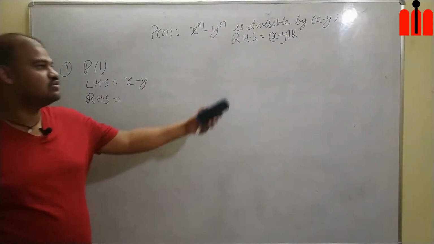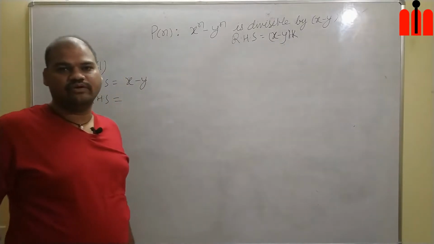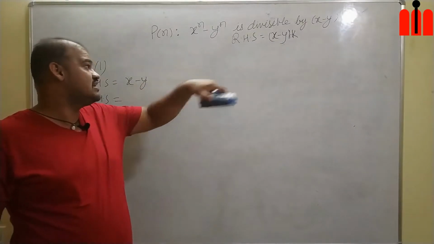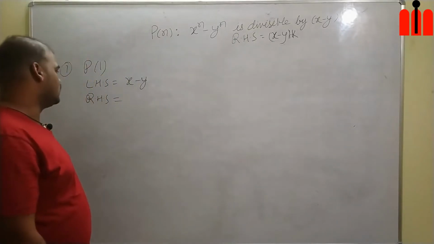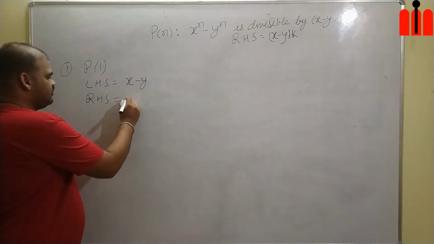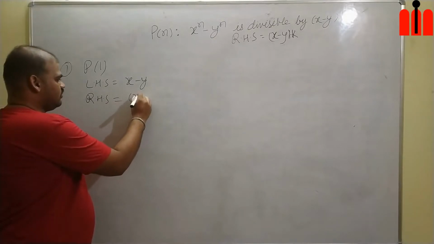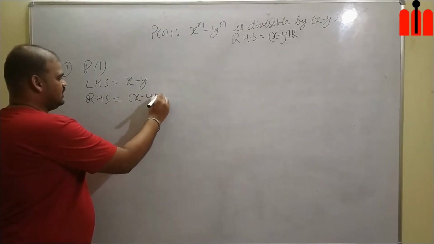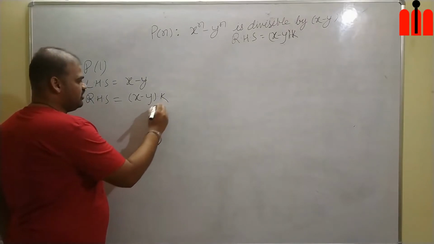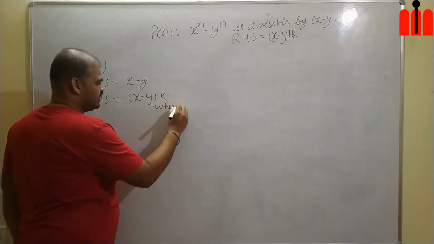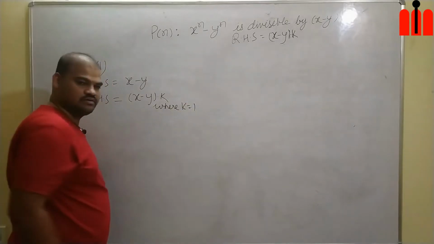So how will my RHS look? It is x minus y into k. Then only we can say that this LHS is divisible by x minus y. So if we see the RHS, we are definitely getting RHS as x minus y into k, where k equals 1.